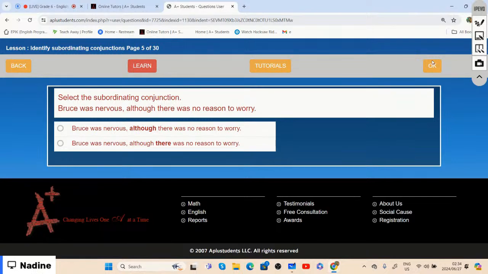All right, it says Bruce was nervous, although there was no reason to worry. So is it although or is it there, our subordinating conjunction?